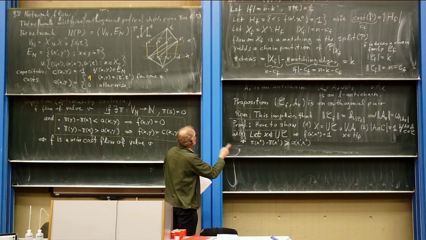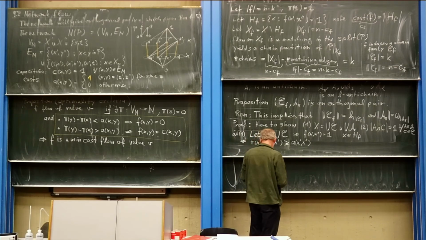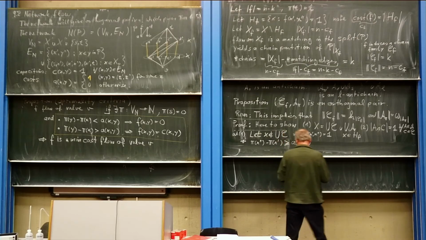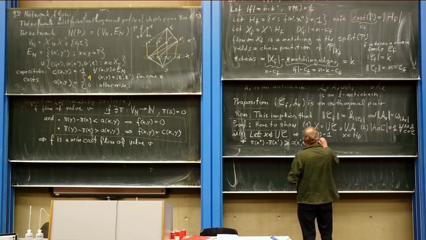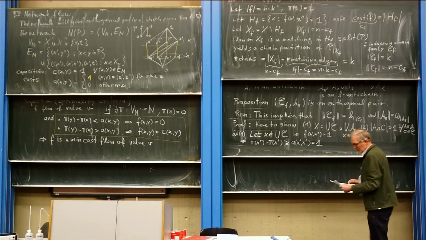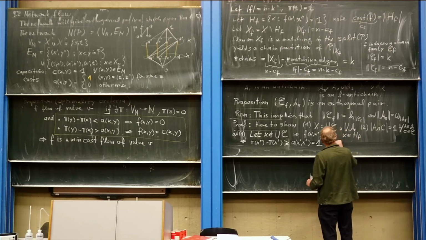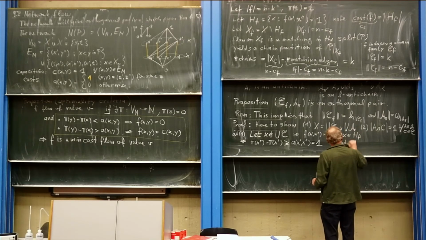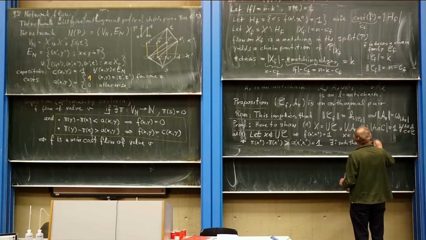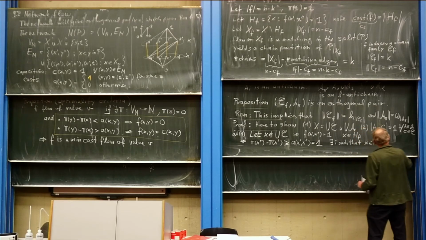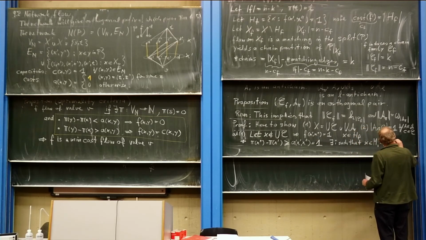But now the two values here are different. So this means that there exists an i such that x is in Mi, which we define as the set of x's with phi of x prime less than phi of x double prime equals i.